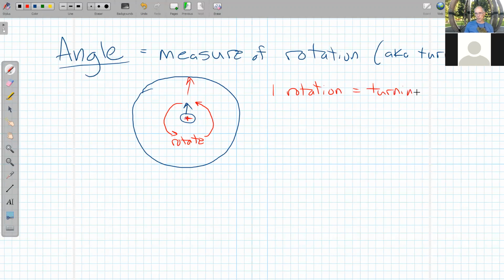So that'd be turning in a complete circle, and getting back to where you started. So the idea of a complete circle here is back facing the same way.